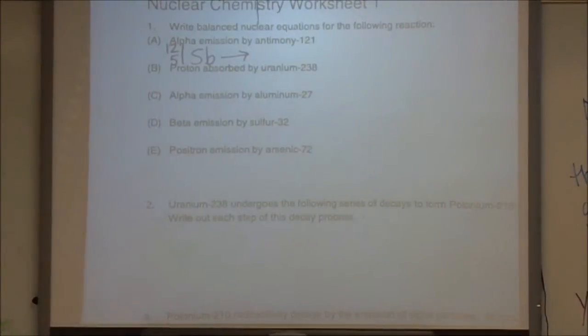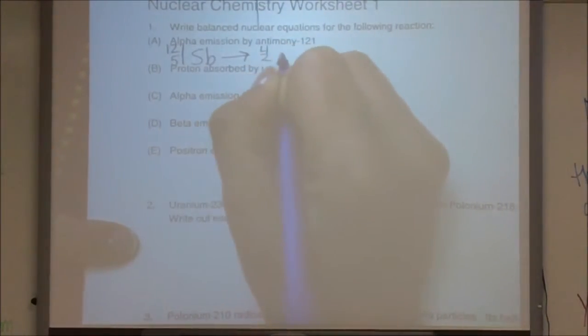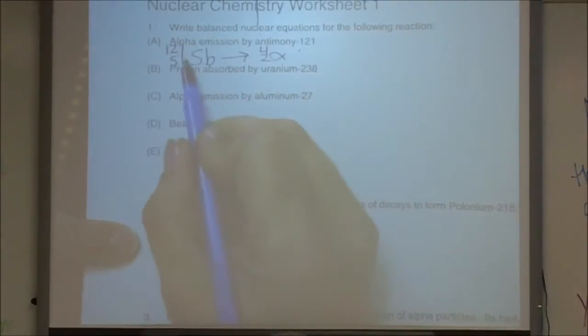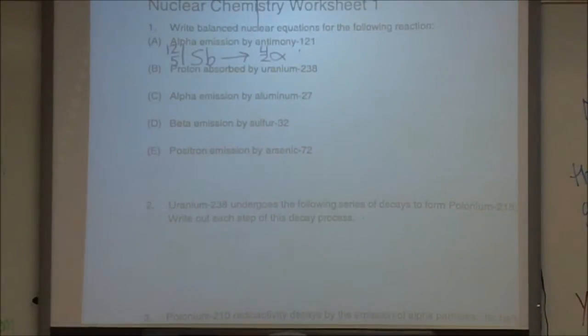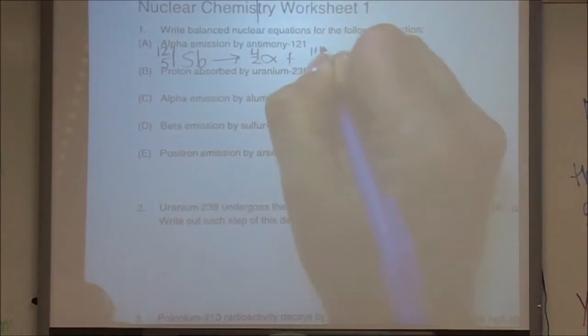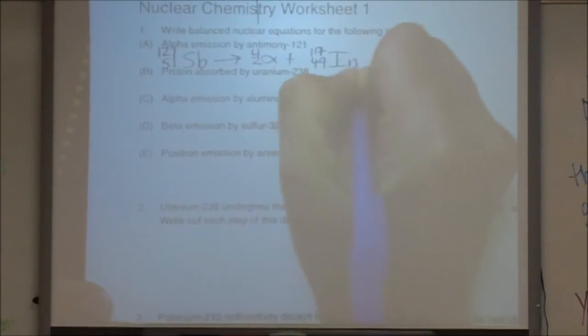So what is alpha emission? 4 over 2 He. Or you can put Jesus fish, I don't care which one. And in order to add to 121, what do we have to add? 117, excuse me, math is hard, over 49, and we get indium.